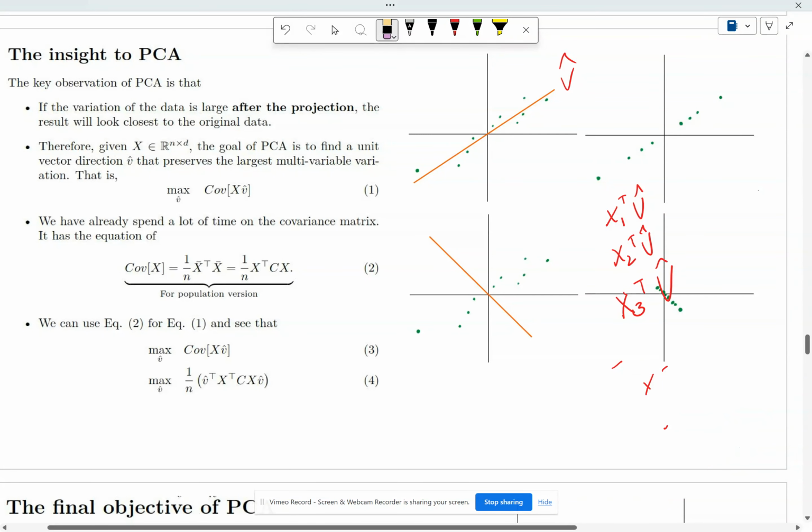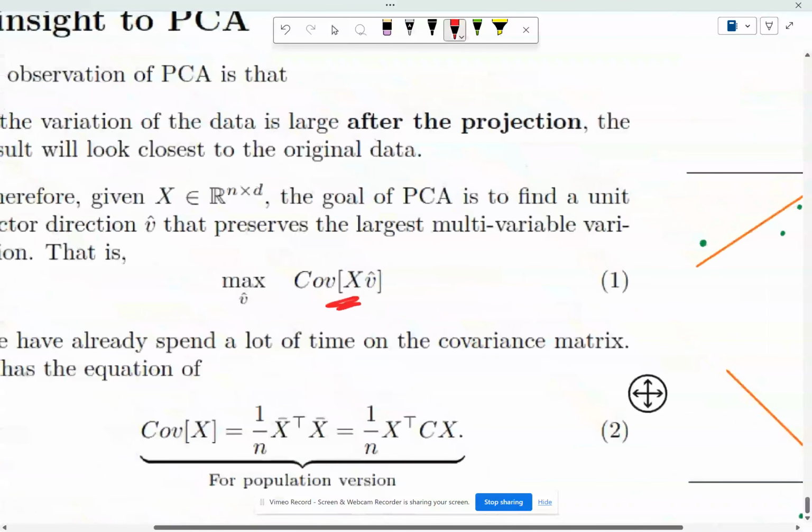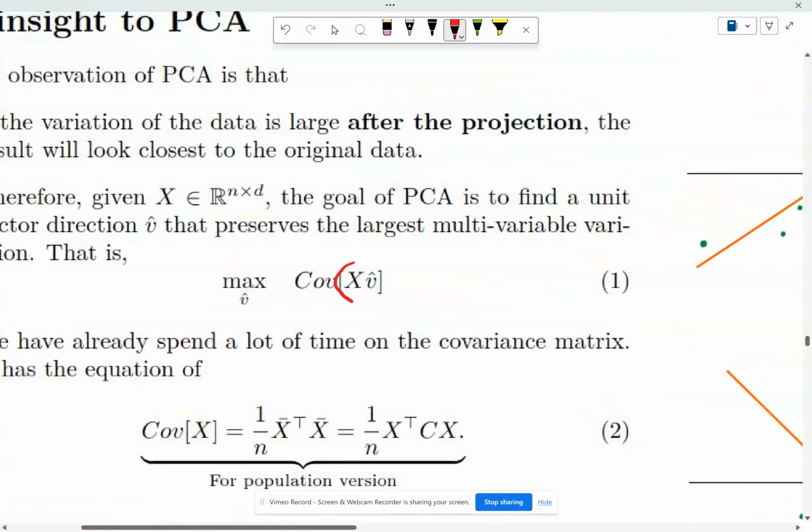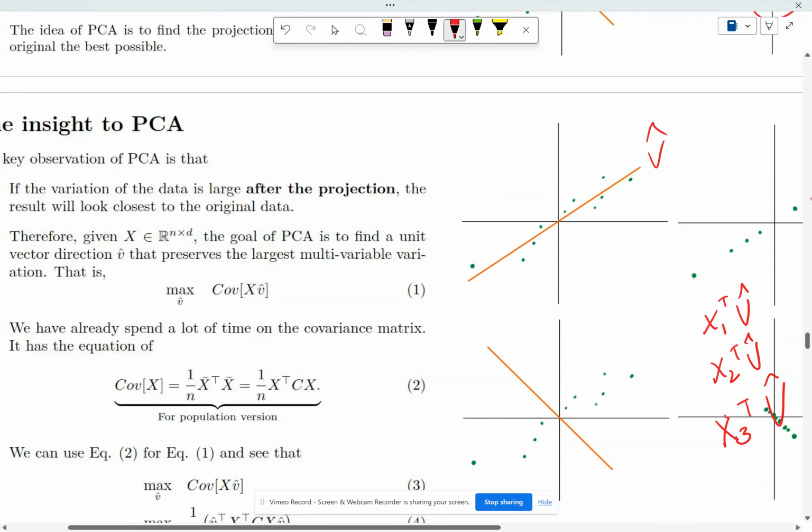Now, how do you measure the covariance? Well, if you have the data x here and then you project it, this will be the data after the projection. And then what you want to do is measure the covariance. What I told you is the insight to PCA is you want the covariance to be as large as possible.